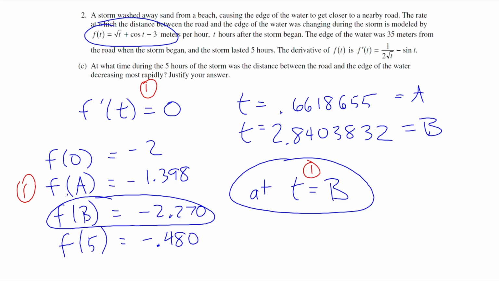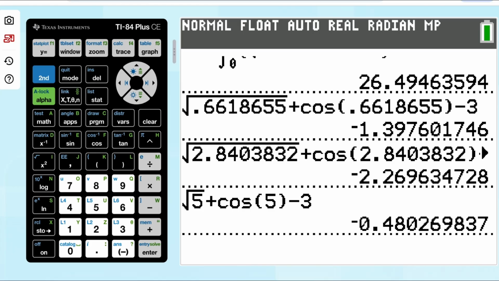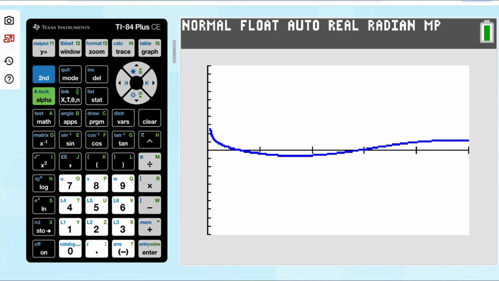And of course, we also could have looked at our graph of the derivative, right? And we could have seen that we had to have a maximum at 0.66 because the derivative was positive to the left of 0.66, and then it was negative, so we had to be decreasing. So we're going to have a minimum when we go from decreasing, a negative derivative, to increasing, a positive derivative.